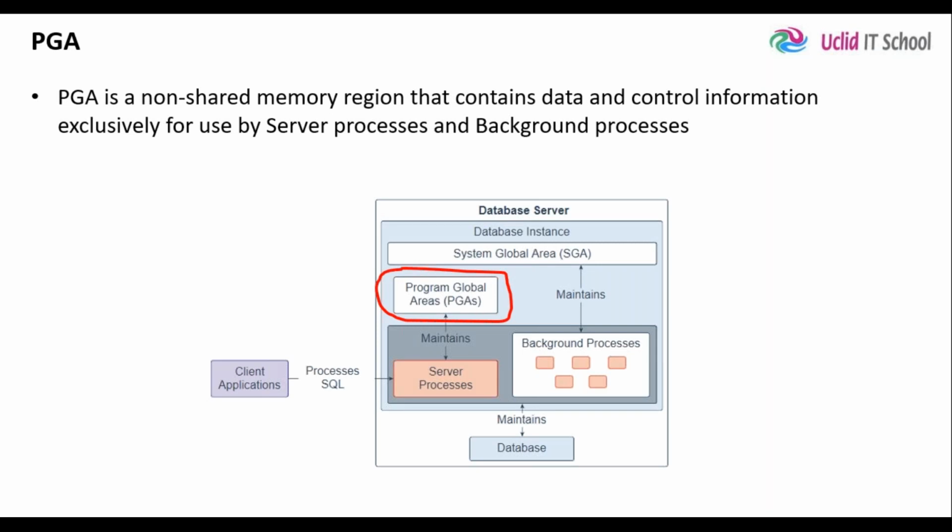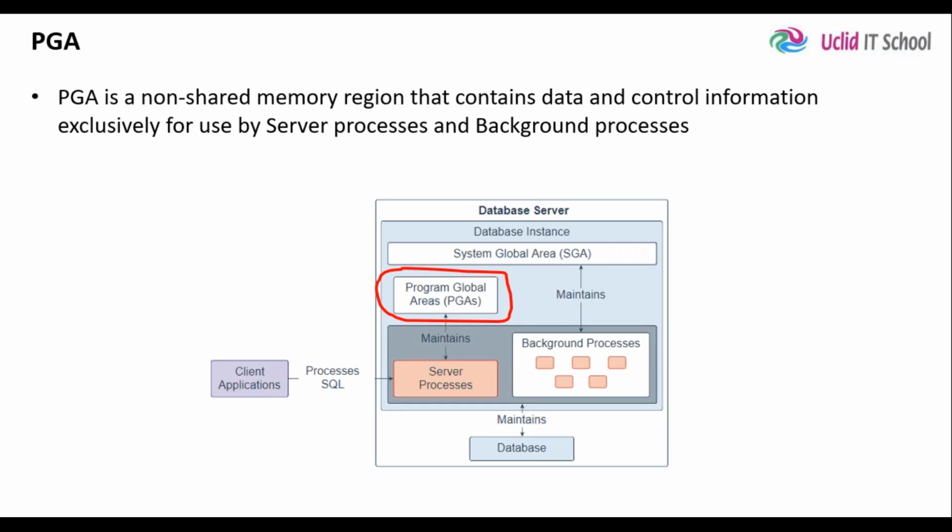PGA is a non-shared memory region that contains data and control information exclusively for use by server processes and background processes. Unlike SGA, which is shared memory that can be used by any server and background process, PGA memory is process-specific memory.